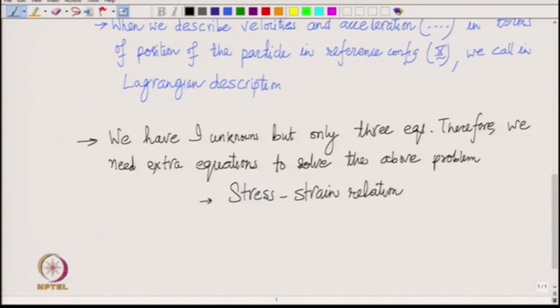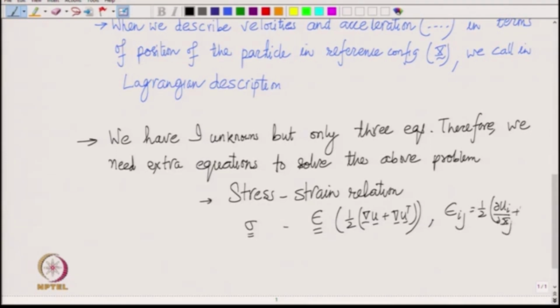So, being able to write down stress in terms of strain. Do you remember that strain is epsilon and stress is sigma, of course. So, epsilon is half of grad u plus grad u transpose, right, or in terms of components epsilon ij is half of del u i over del x j plus del u j over del x i.